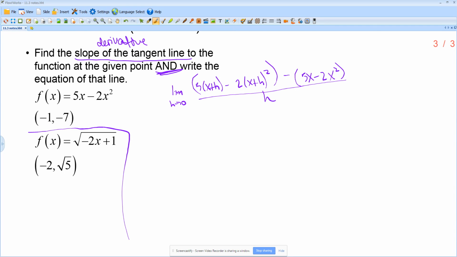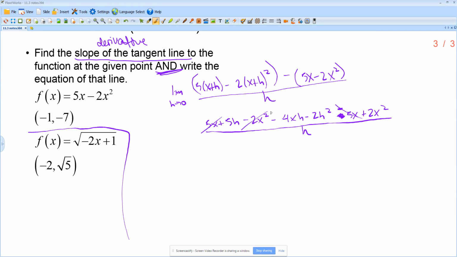So now if I want to FOIL all this out so that I can simplify things, I get 5x plus 5h minus 2x squared minus 4xh minus 2h squared plus 5x plus 2x squared all over h. And my 5x, this should be a minus. My 5x minus 5x cancels. My negative 2x squared positive 2x squared cancels.